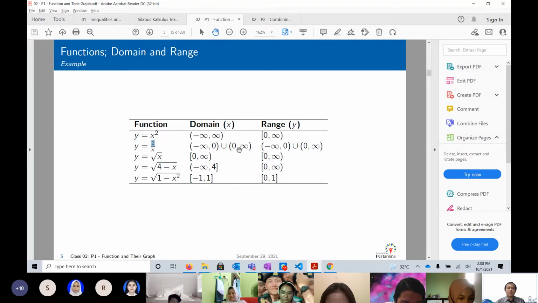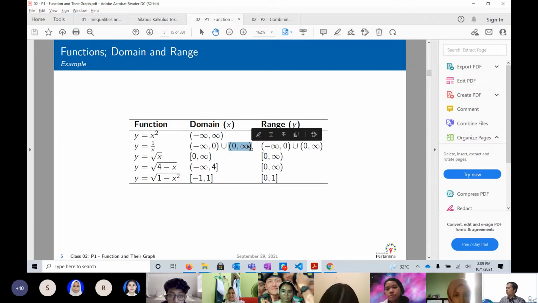And when we move to the positive domain, whenever x is closer to 0, the value of 1 over x gets closer to positive infinity.